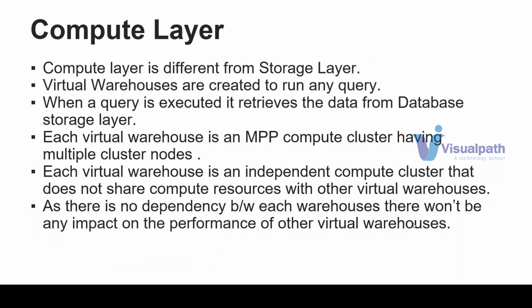So we cannot calculate the overall performance of all warehouses; you have to calculate it individually. It is up to the development warehouse, the testing warehouse, the production warehouse, differently. So this is how the compute layer and storage layer fit into shared disk and shared nothing architecture.